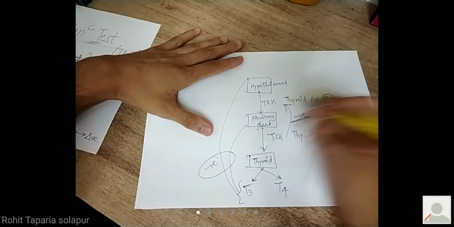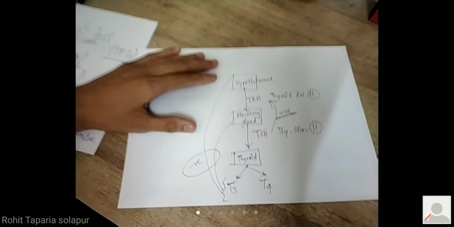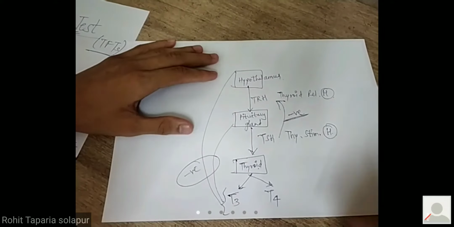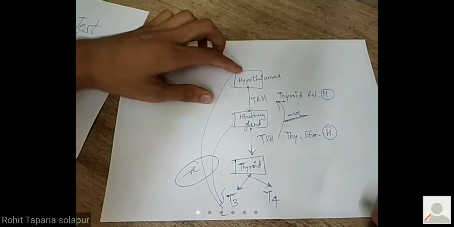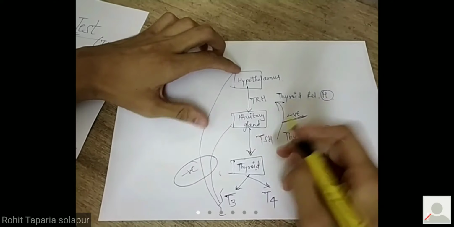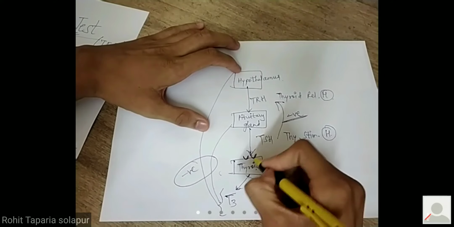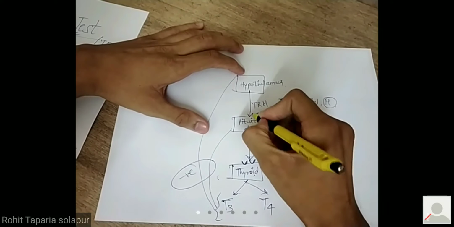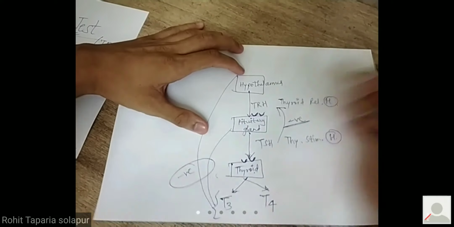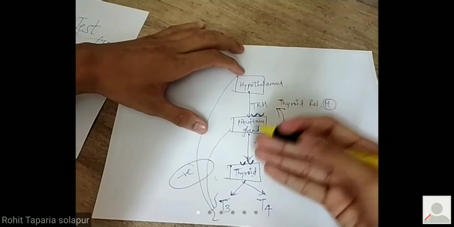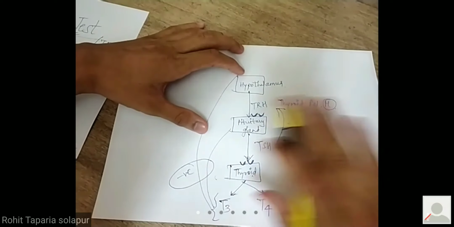Okay, now the question is, if this fails, or if the receptors, TSH receptors on this, if TRH receptors on this fail, then what will happen? Subsequent effect of that respective hormone will not be seen.